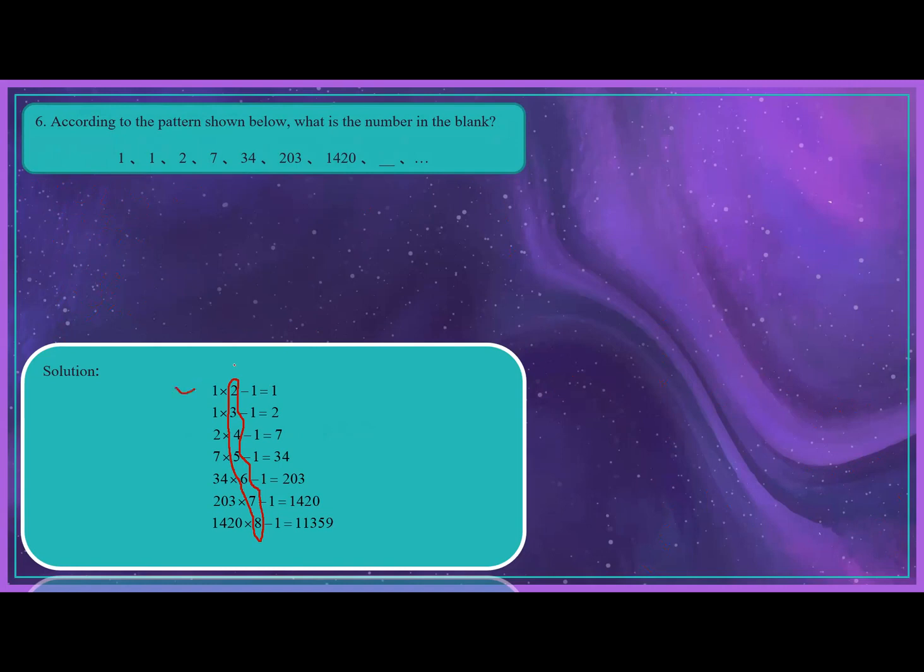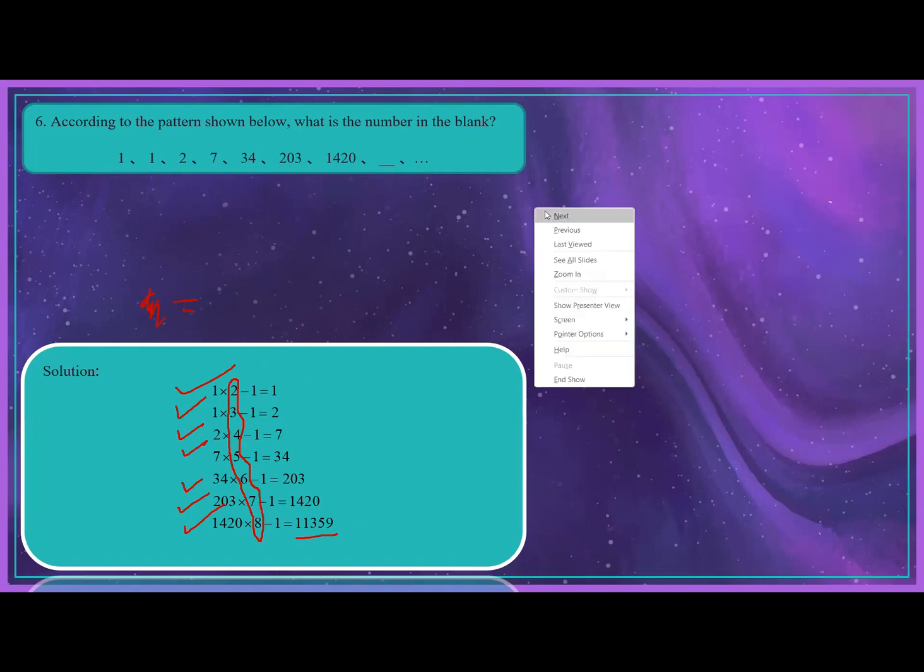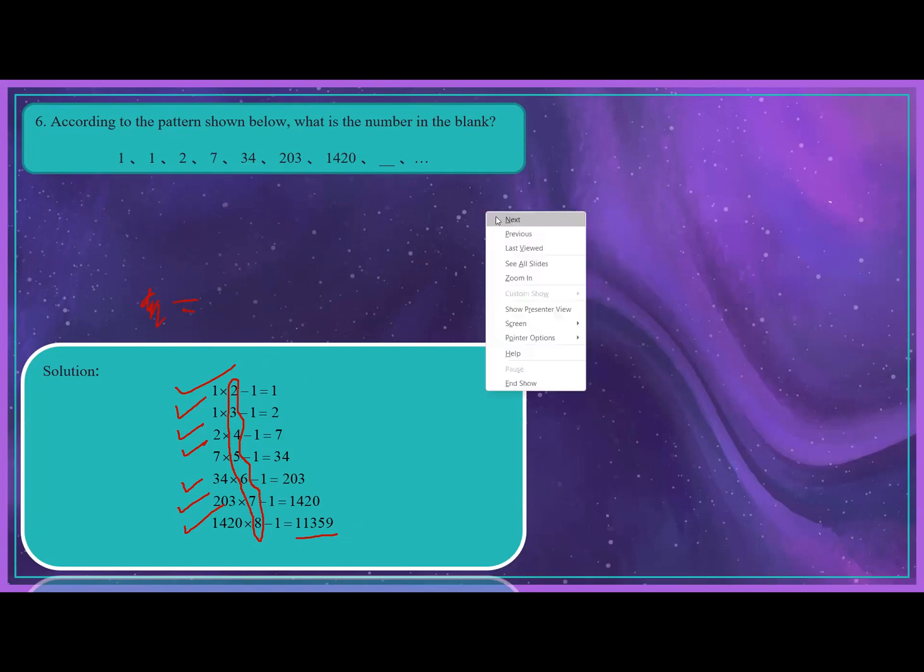This is your first term, second, third, fourth, fifth, sixth, and seventh. So the answer would be 11,359. I guess for this part, there would be no discussion. Everything is in your mind. You should catch this pattern, this a sub n. This is just logic.